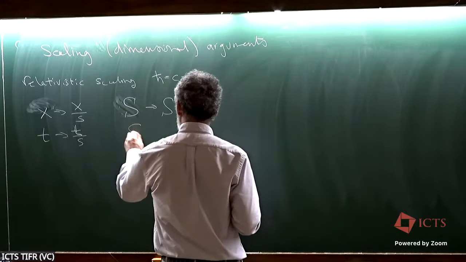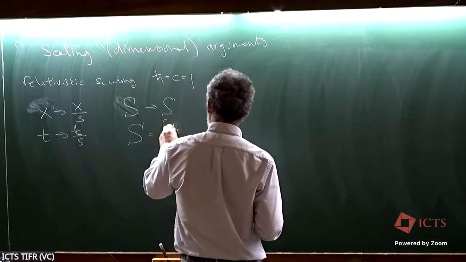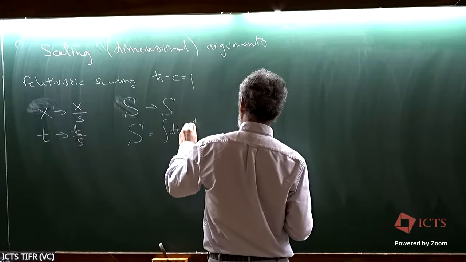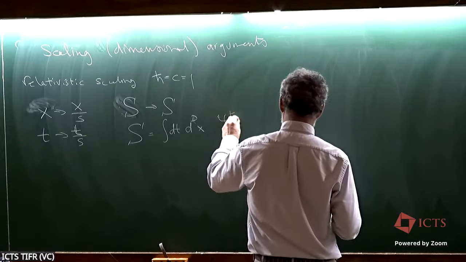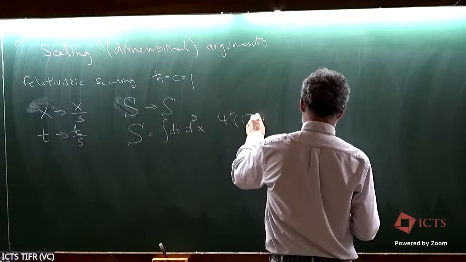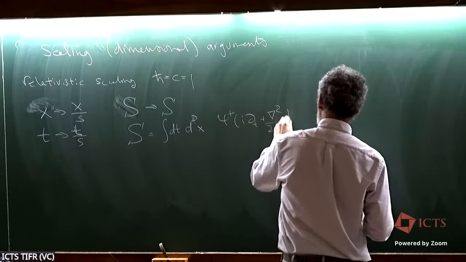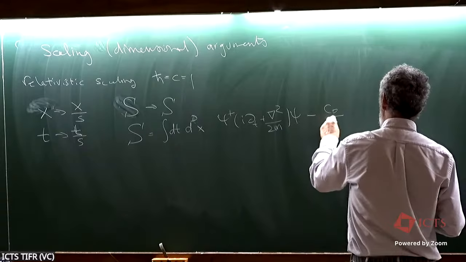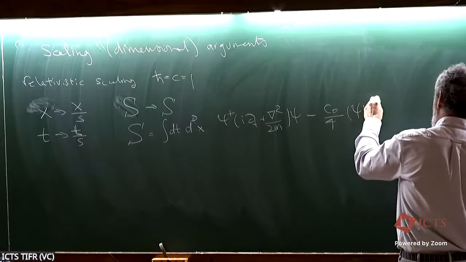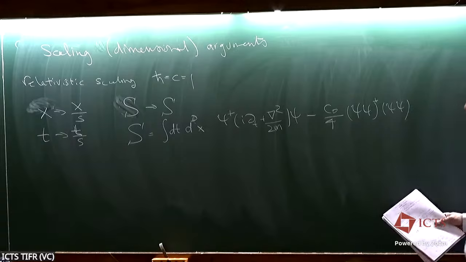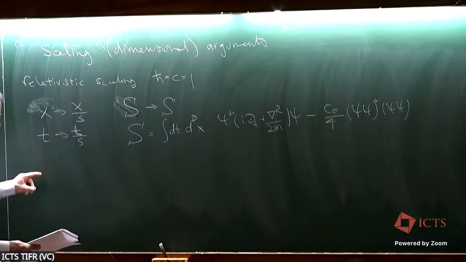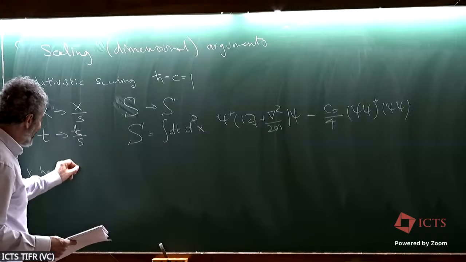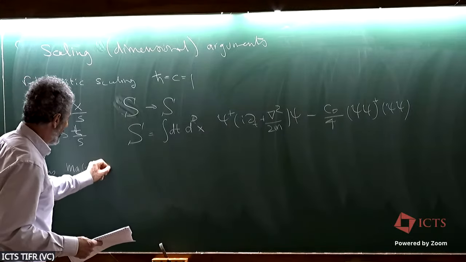And so if we write the action as the integral dt dx of psi dagger (i dt plus del squared over 2m) psi minus c naught over 4 (psi dagger psi) squared, then we say that x has mass dimension -1.